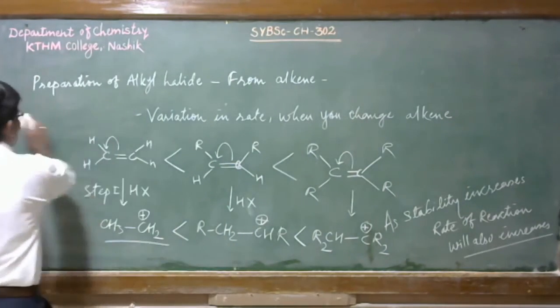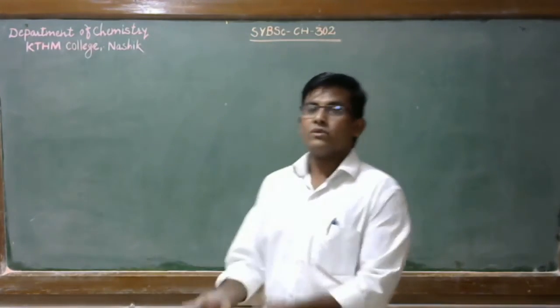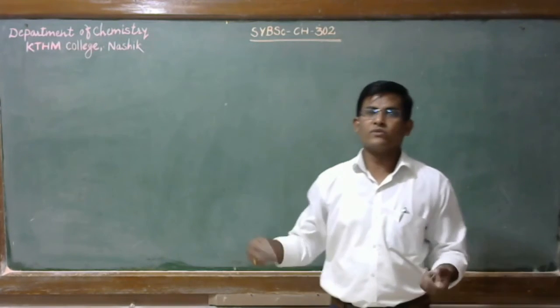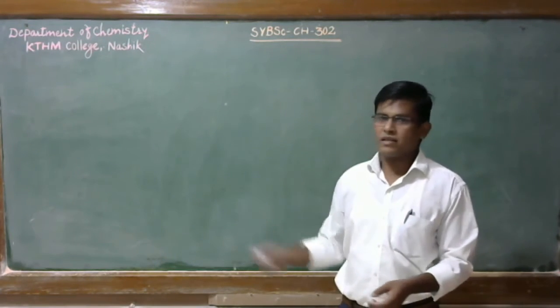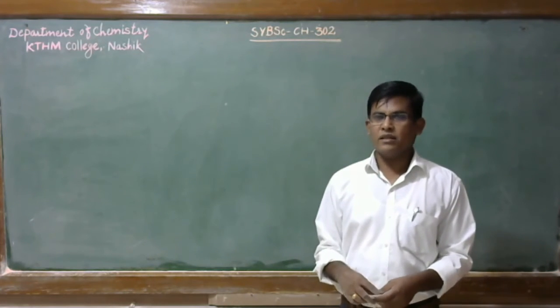Addition to unsymmetrical alkene. So far we have been seeing the addition of hydrogen halide to symmetrical alkene. Now let us look at the addition of hydrogen halide to unsymmetrical alkene.